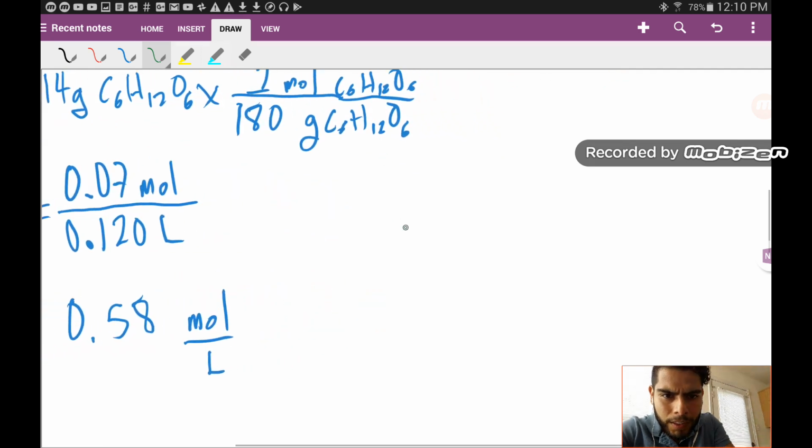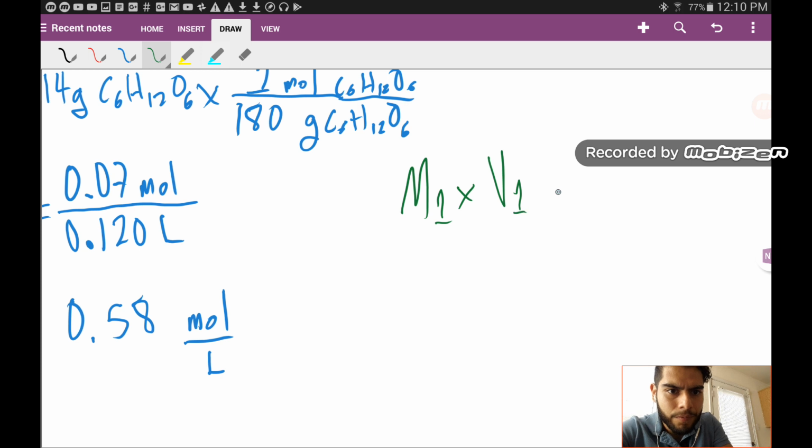So we're going to do this. Molarity 1 times volume 1 equals molarity 2 times volume 2.